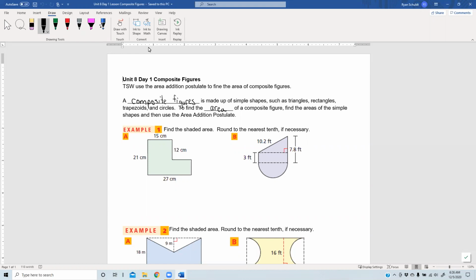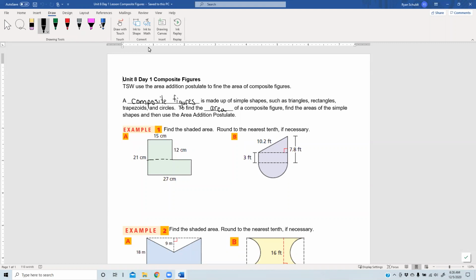So let's look at this first example. What we have to do is divide our shape into simpler shapes. This can be done different ways. However complex you want to make it, you can do it. What I'm going to do is divide this shape right here.